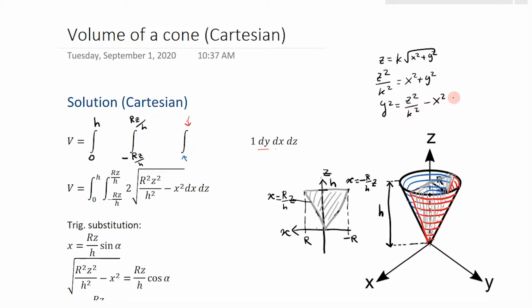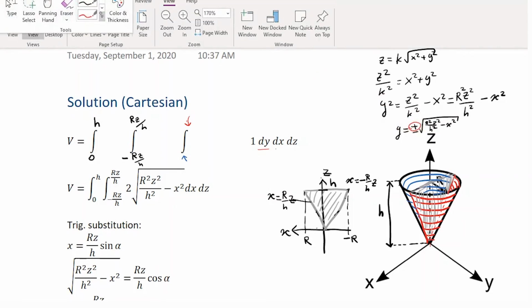But we haven't said what k is. k is the ratio of height to radius. So we have z squared divided by height squared, and then radius squared, minus x squared. When you solve for y, you will get that y equals plus or minus the square root of that, so r squared z squared over h squared minus x squared. Now the plus would be the red surface, and the minus would be the blue surface.